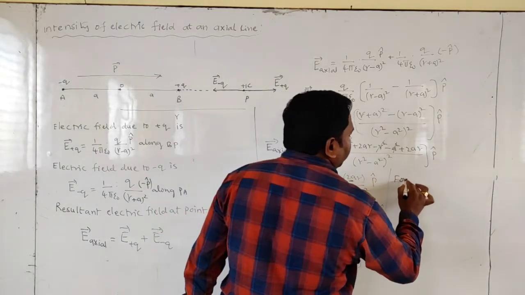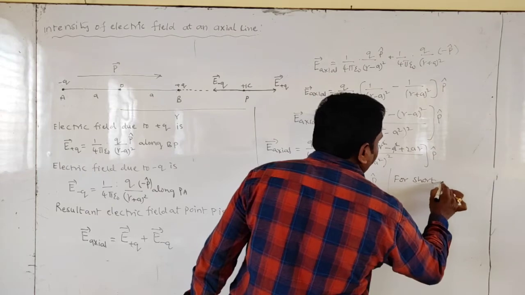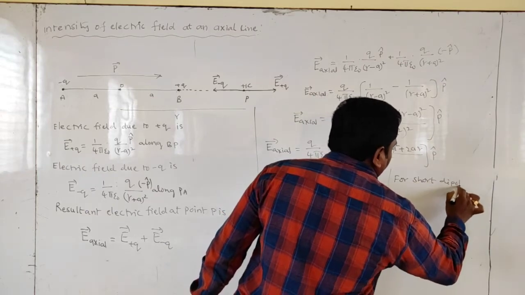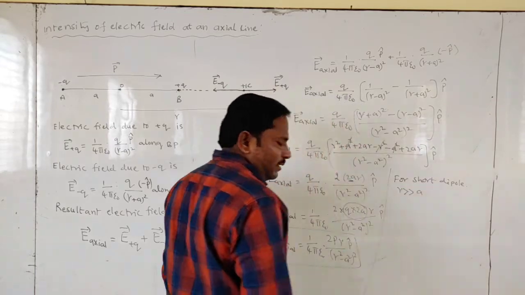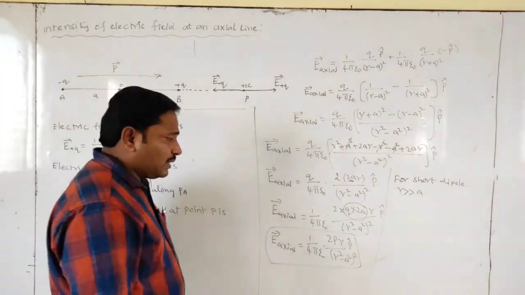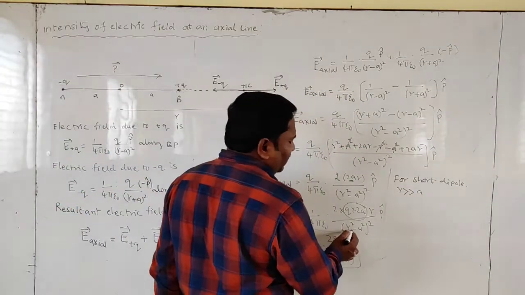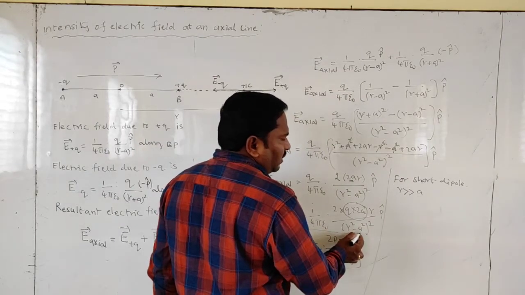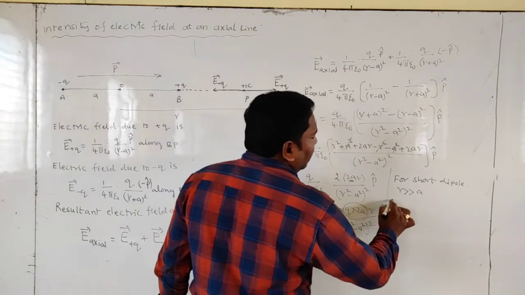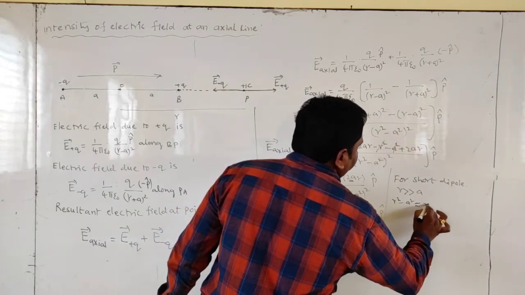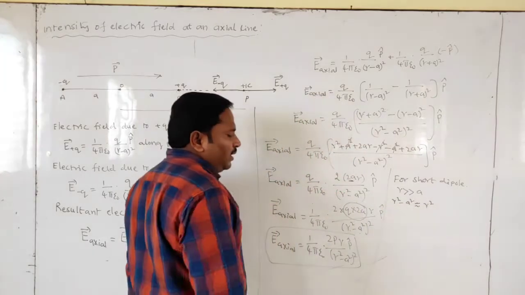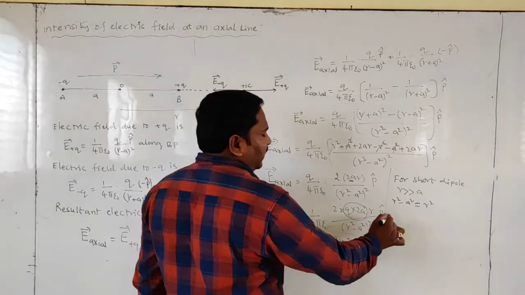For a short dipole, R is very much greater than A. That means R is very large compared to A. So now A can be removed from R square minus A square, and the approximation equals R square. So R square whole square.